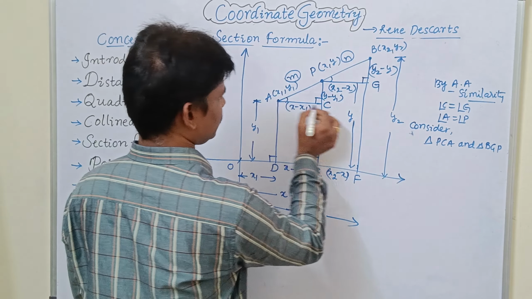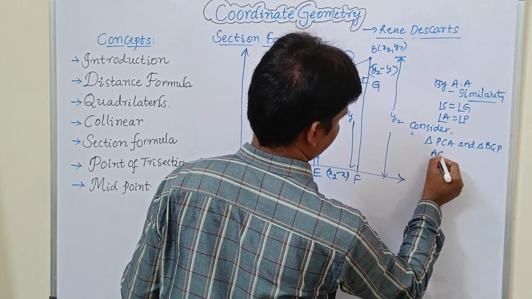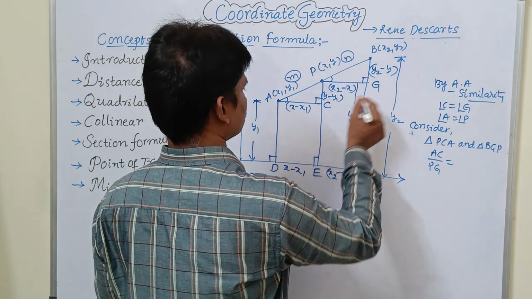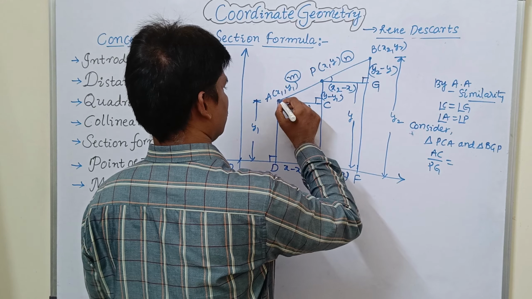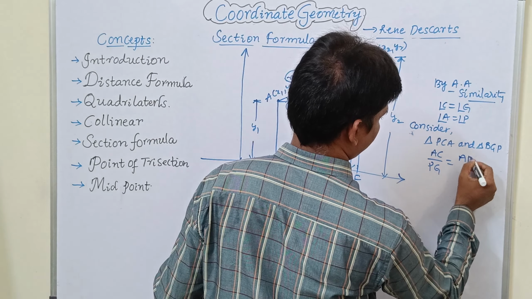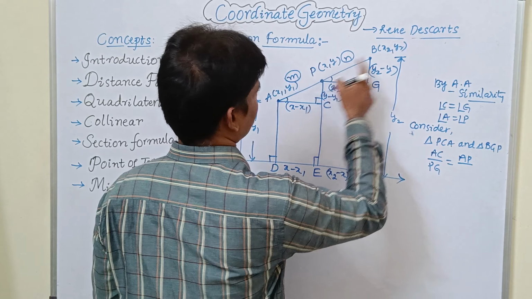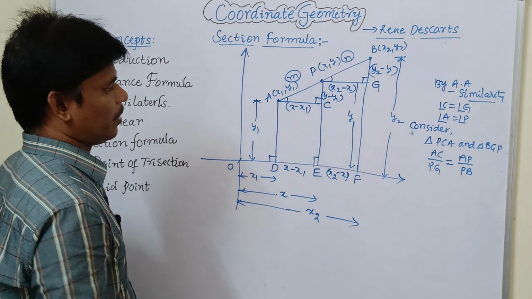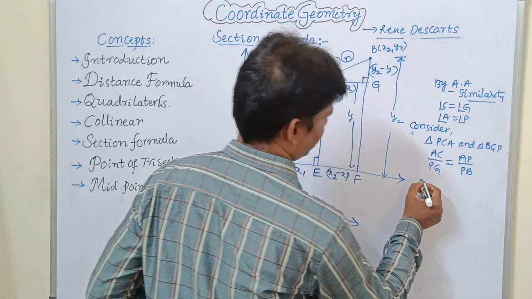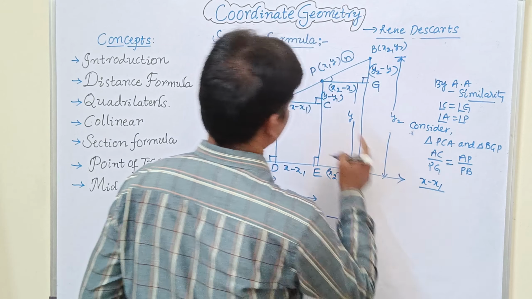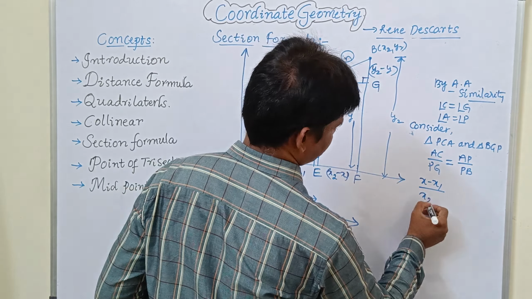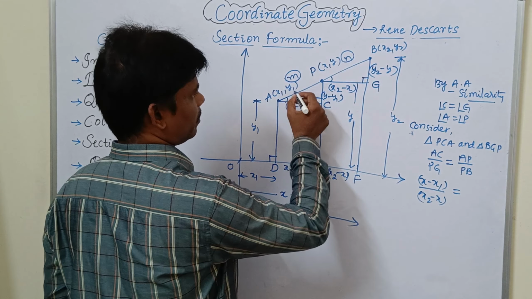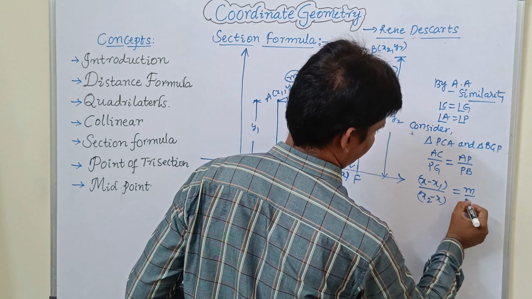So AC by PG is equal to AP by PB. What is AC? Here x minus x1, by what is PG? x2 minus x, that is equal to AP by PB, which is the ratio m to n.